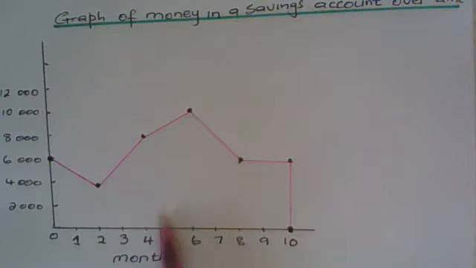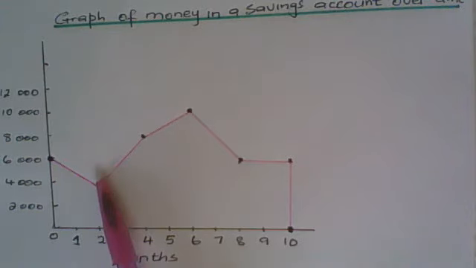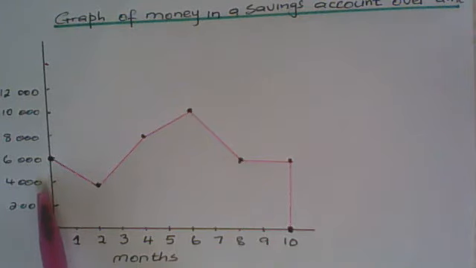According to this graph, when you had 0 months, the amount was 6,000. That is the first relationship. Now the second relationship is here at this point where you had 2 months to 4,000. That means after 2 months, the value in the bank was 4,000.